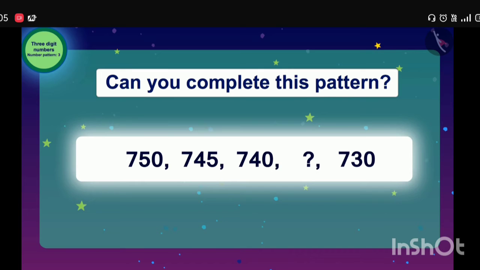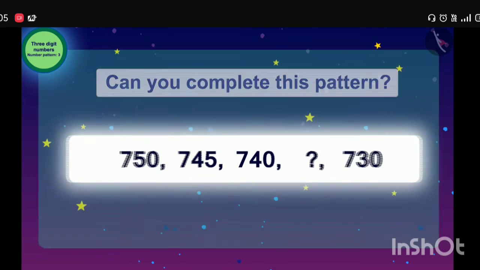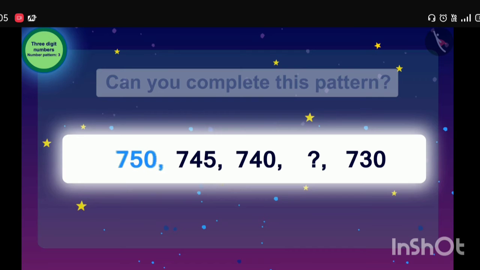Can you complete this pattern? Yes, you recognized it correctly. If we need to get 745 from 750, we need to subtract 5 from it. To reach 740 from 745, we need to subtract 5 again.